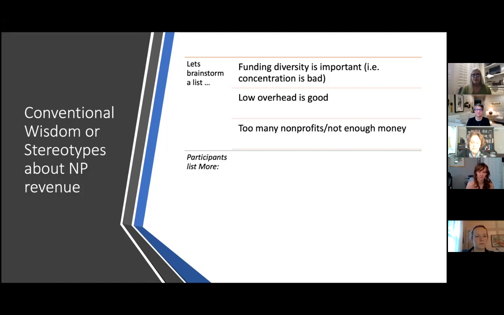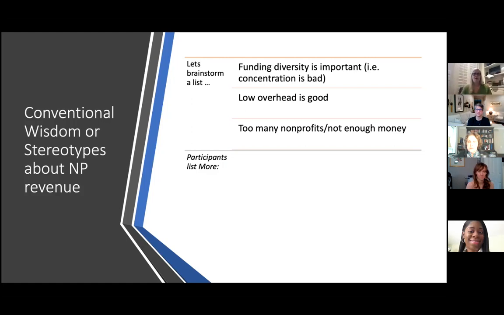So the first we hear a lot about is that funding diversity is important. It's the holy grail. You have to be diversified in your funding. You have to have a very diverse portfolio of funding. So, individual donors, some foundations, perhaps some government, an event here and there, that kind of thing. That concentration is bad.